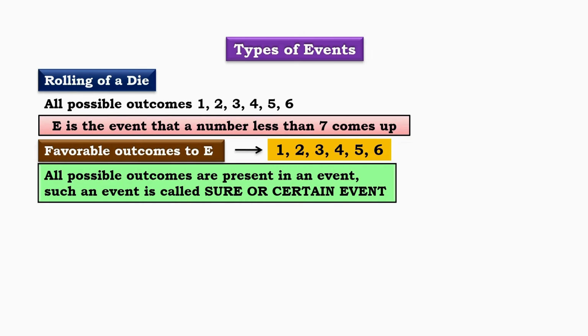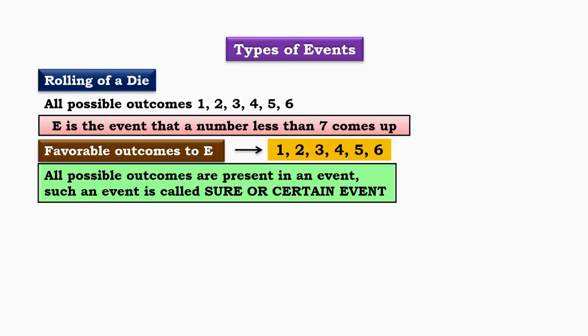Here we can clearly see that the favorable outcomes are 6 and all possible outcomes are also 6. This type of event is called a sure or certain event. If I ask you the probability of getting a number less than 7 when we roll a die, the probability is always 1, because all these 6 numbers, 1, 2, 3, 4, 5, 6, are less than 7.